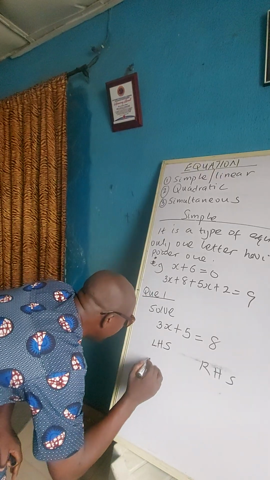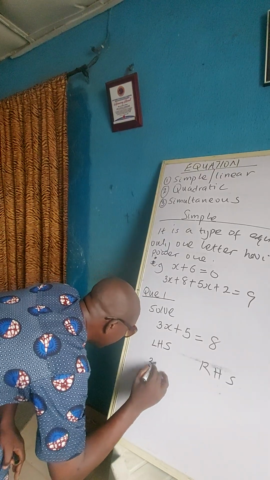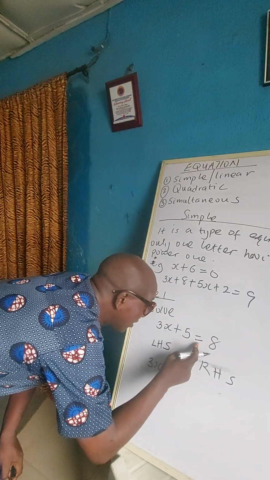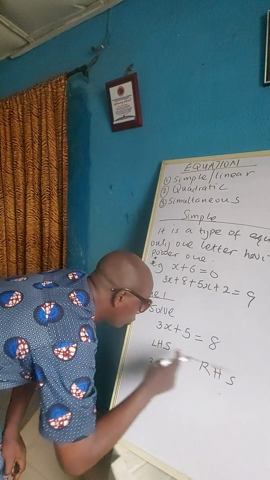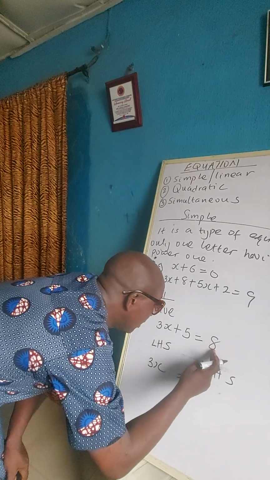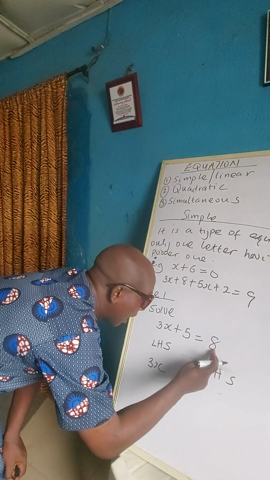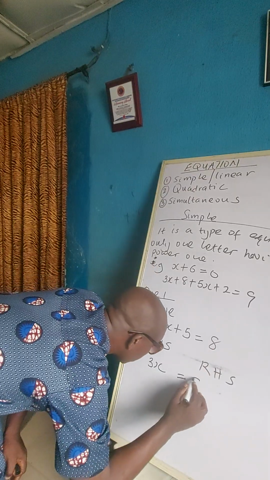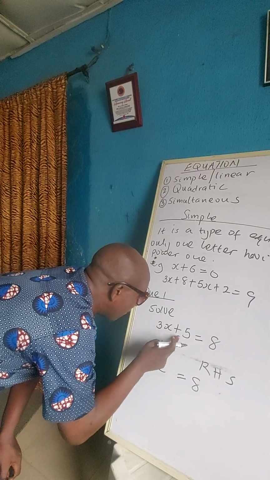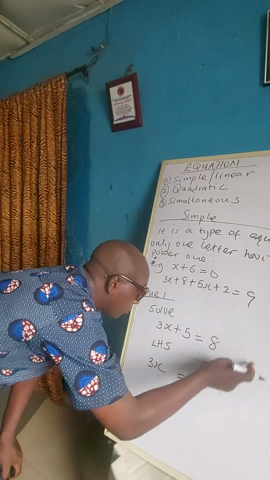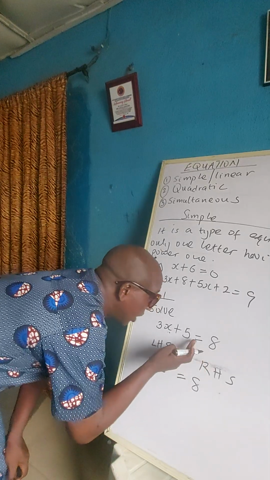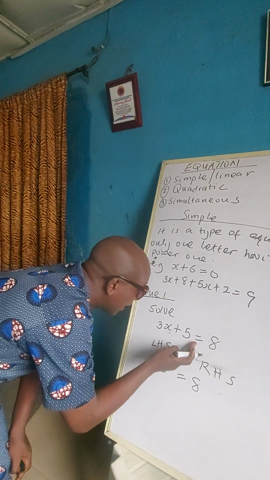Let it be at the left hand side, 3x. Then the equality sign divides the house into 2. Equal to, and this is the owner of the right hand side house, 8. The plus 5 will come to this side, and when it is coming, the plus changes because of the equality sign.